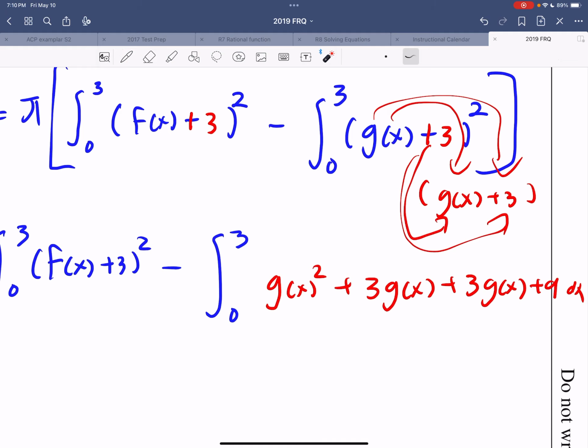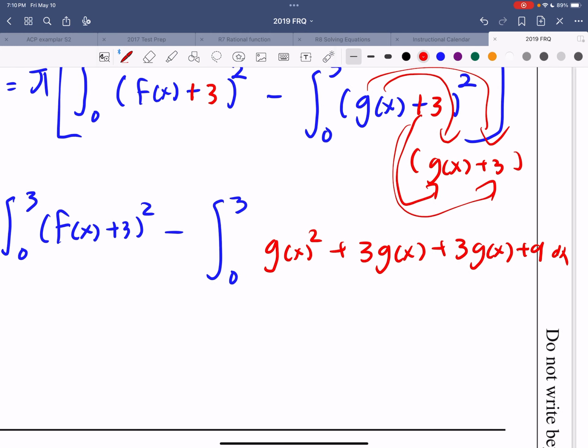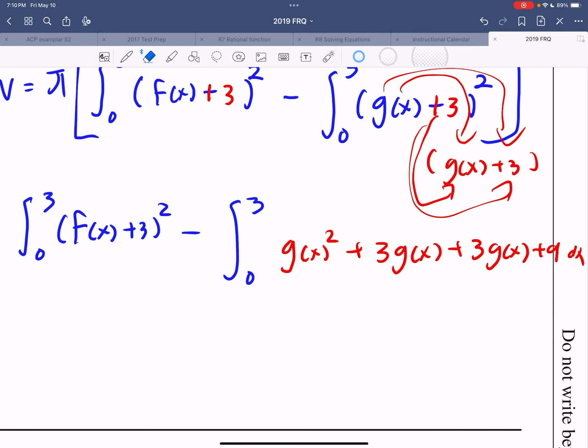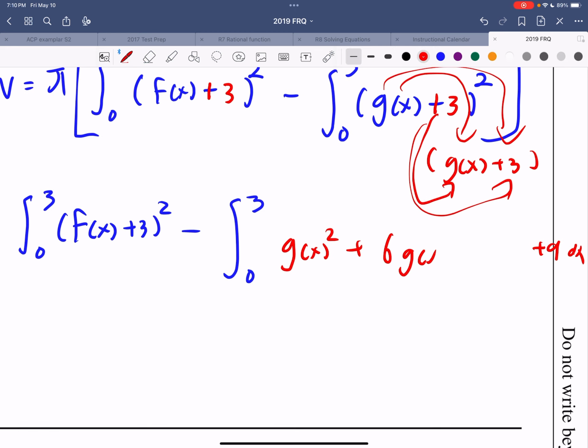Of course, when you combine these, this is going to be 6g of x. Just due to space, I will erase this one and put plus 6g of x.